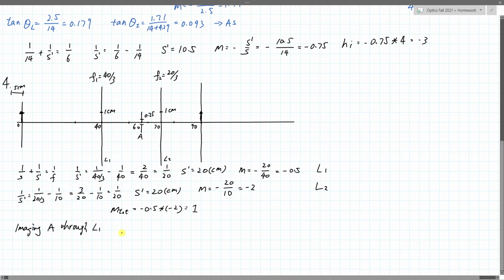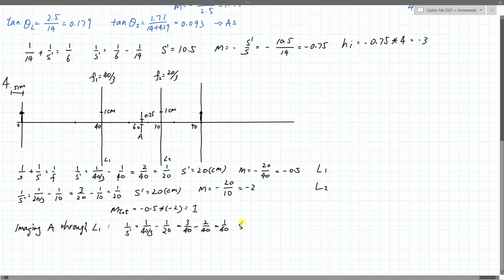Okay. So through L1, 1 over s prime is equal to 1 over f, so 3 over 40, minus 1 over the object distance. So from right to left, this is the object distance: 60 minus 40 centimeters, so 20 is the object distance. 3 over 40 minus 1 over 20 is 2 over 40. So I get 1 over 40.